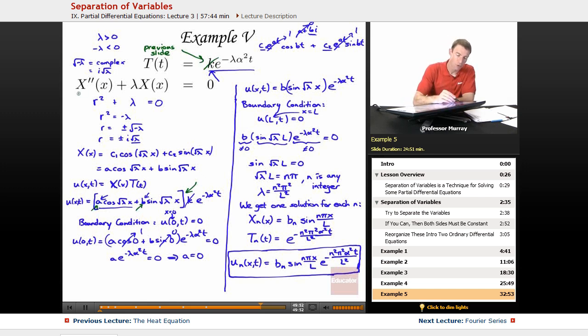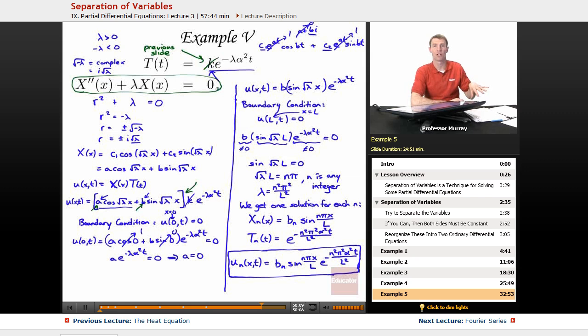What I do have to focus on next is solving this ordinary differential equation for x. And I learned how to do that back in our lessons on second order differential equations. We have an earlier lecture on that right here in the Differential Equations lecture series on Educator.com.